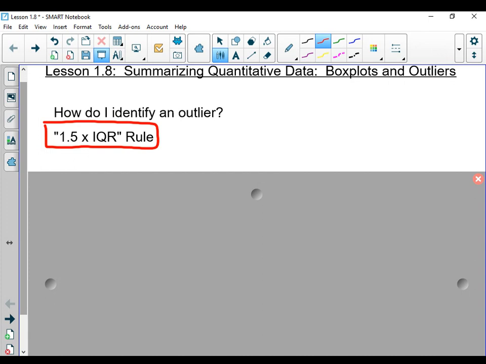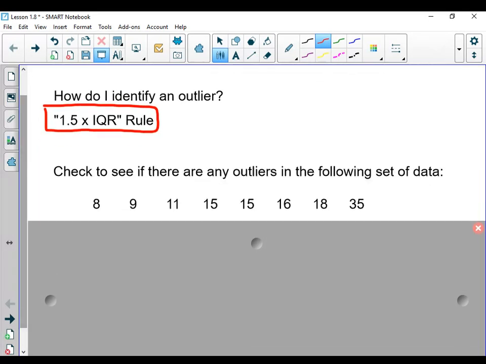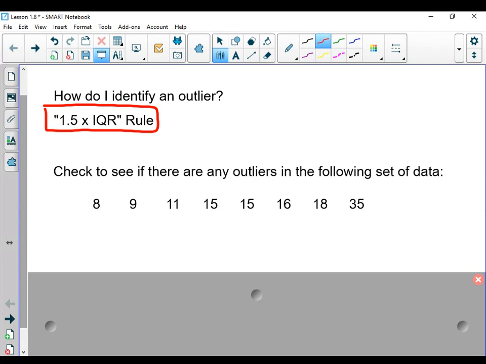And the rule is basically telling you what we're going to do, at least initially. So if I gave you this set of data and asked you if there are any outliers, in order to make that decision I'm going to have to use the 1.5 times the IQR rule. But I can't use this rule unless I know what the IQR itself is.